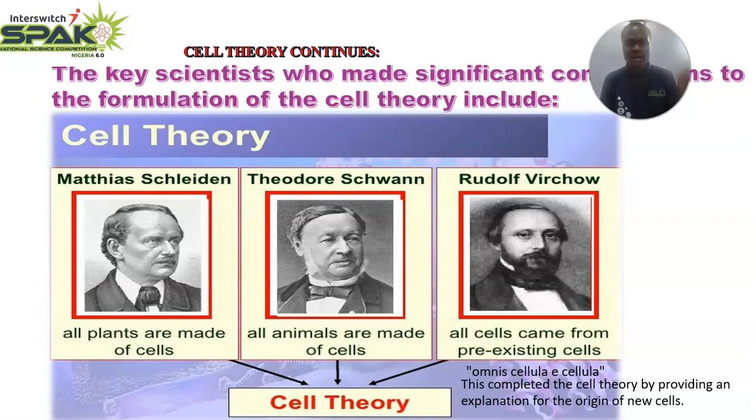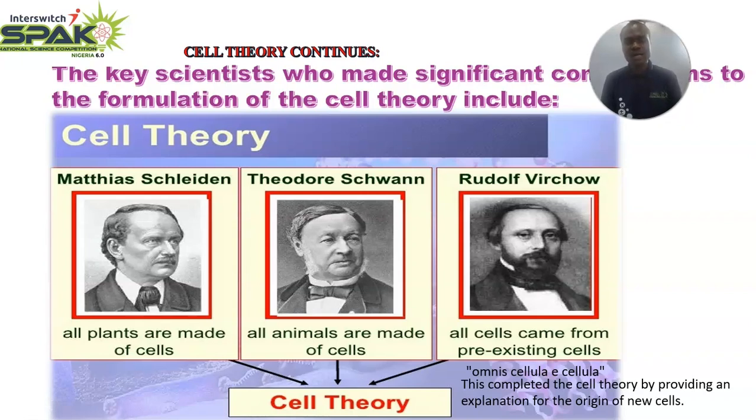At about the same time, his German colleague Theodor Schwann came up with a similar statement: in his own case, he worked on the bodies of animals, and he discovered that all animals are made up of cells. That was the breakthrough that led to the formation of the cell theory.